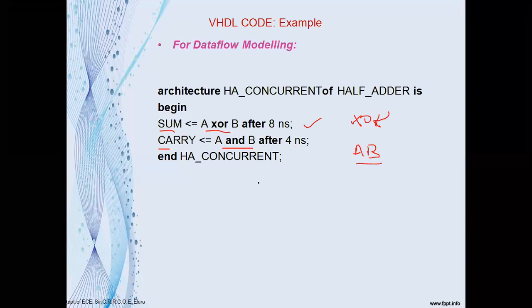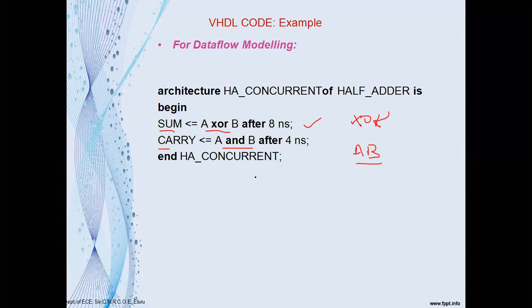If you know the logical expression, you can simply model the digital circuit. So in the last class we have seen all these concepts, and today we will continue the levels of abstraction, and then we will discuss VHDL identifiers and VHDL data objects.